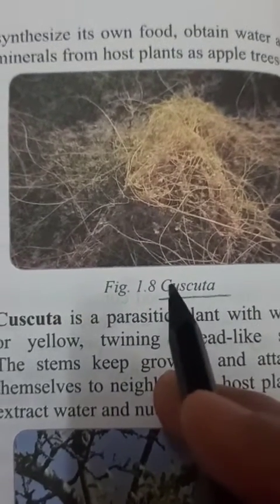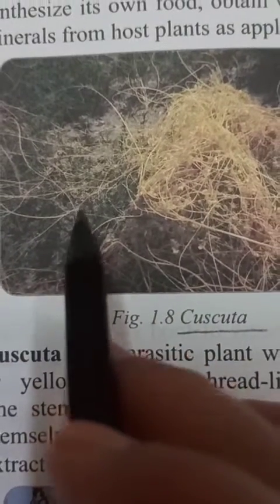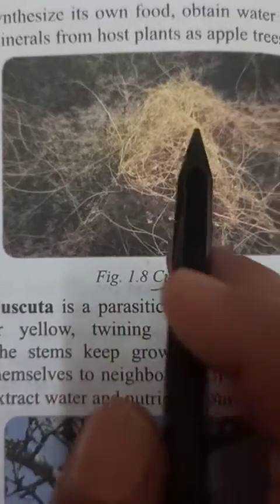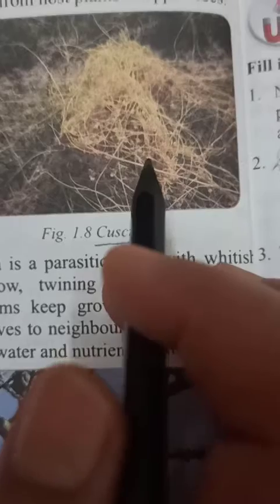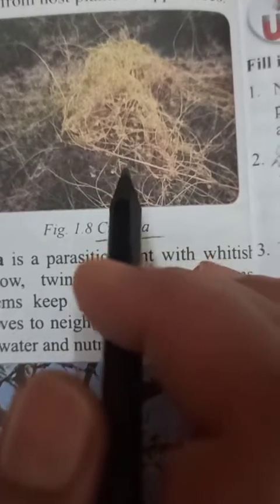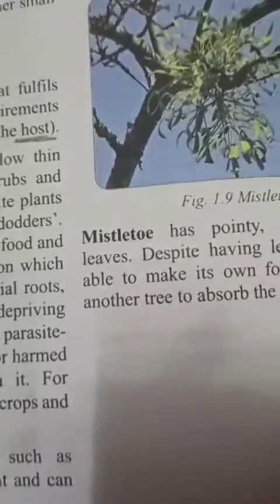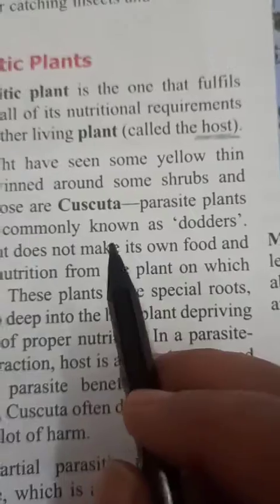Okay, so the tree on which it grows is called the host, and this cuscuta plant is called the parasite for that tree.